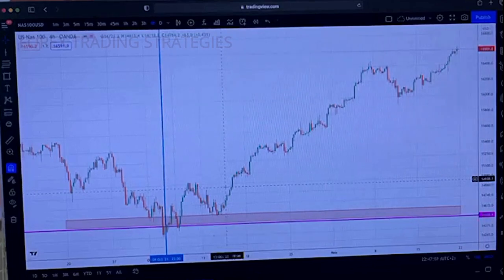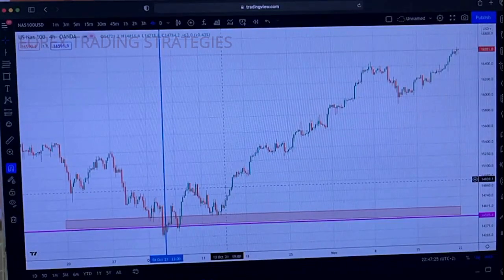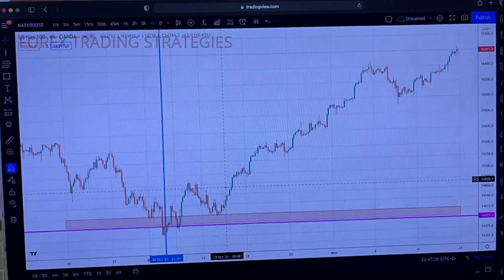NASDAQ, in fact, is the easiest pair to ever trade. For me, I find indices very easy, very simple to trade, more than currencies. Currencies have way too many moves. They travel down for a long time, they go up for a long time. But with NASDAQ, US 30, US 500, German 30, no matter how long they twist and turn, just know that the guaranteed position you're always going to have is a buy.